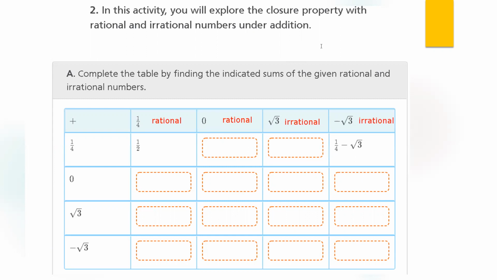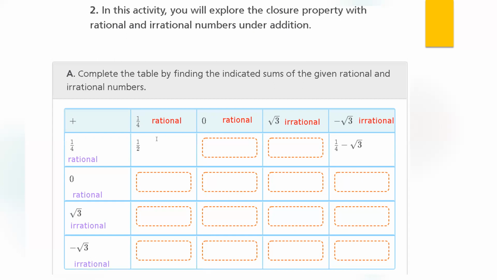Let's repeat them: 1/4 is rational, 0 is rational, square root of 3 is irrational, and negative square root of 3 is irrational.